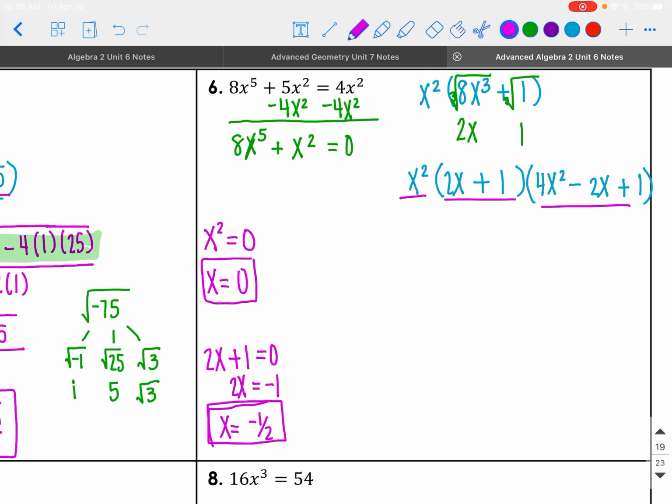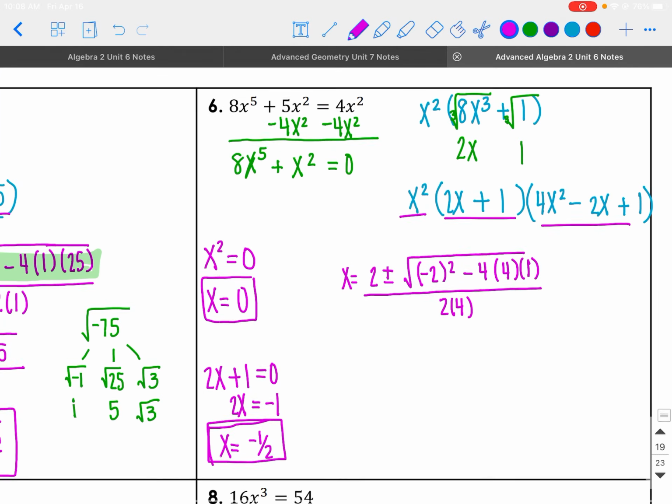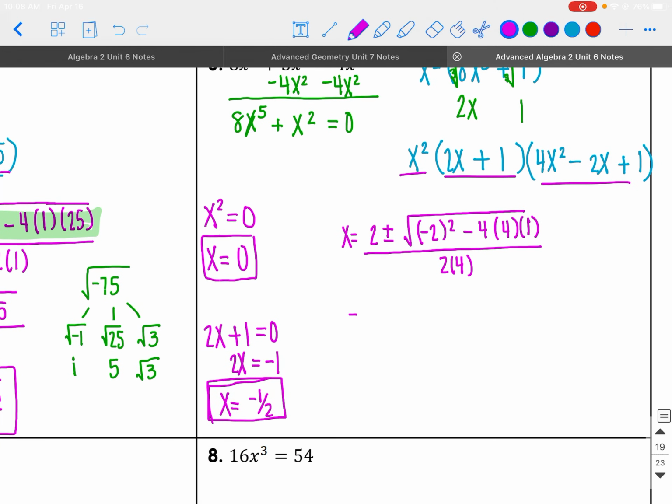All right, and then the last one, we're gonna have to do the quadratic formula. So negative b, that's gonna be a positive 2, plus or minus the square root of b squared minus 4ac, all over 2a.